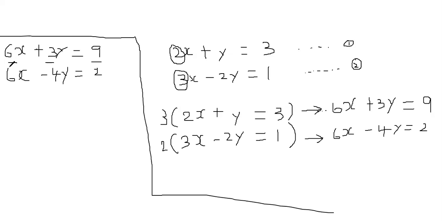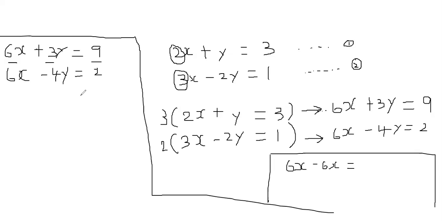So we know 6x minus 6x gives me 0, right?